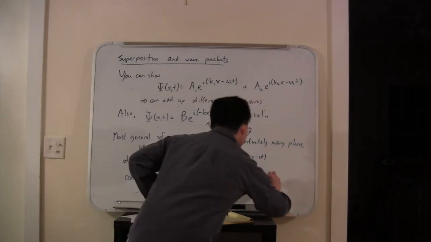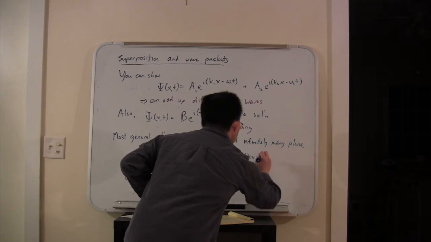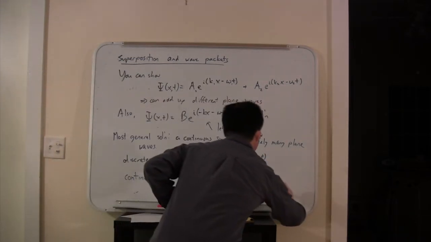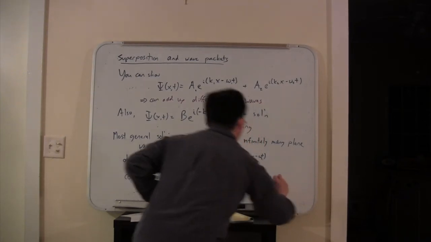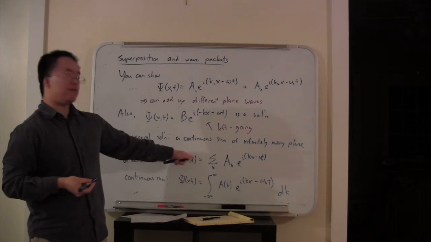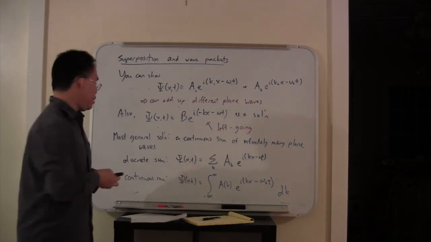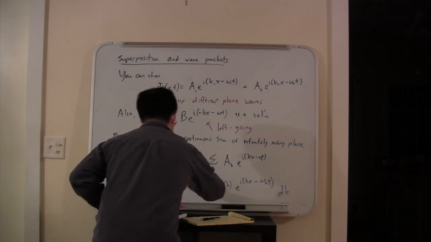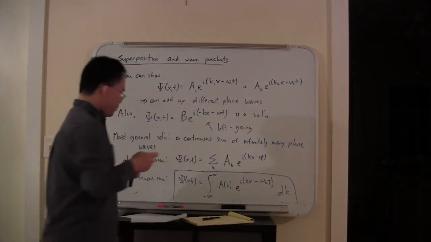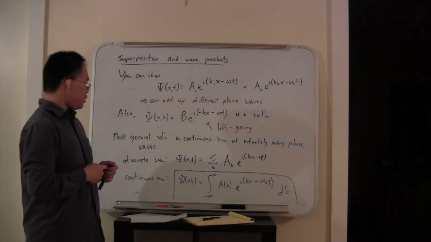I should have probably put a sub k up there as well. And we're going to integrate with respect to k. Hopefully you can see the parallel here, turning the discrete sum into a continuous integral. And this is our most general solution to the Schrödinger equation for a free particle.